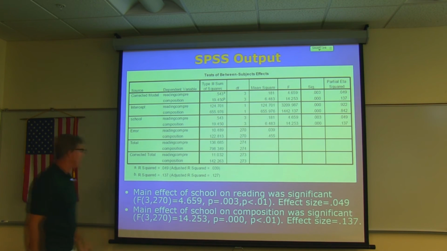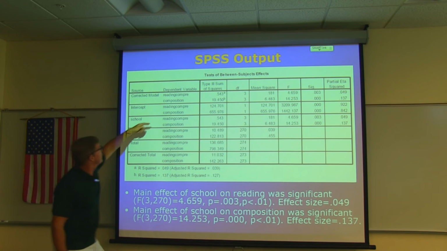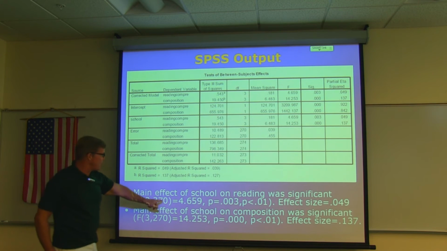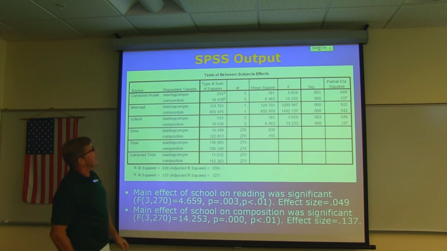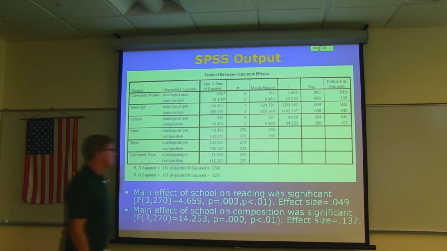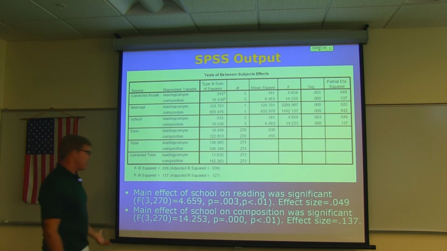So let's see what we have. The main effect of school on reading was significant. Yeah, see that? F at 3 and 270 degrees of freedom was 4.659. Okay, here we are. P is 0.003. It's less than alpha. We reject the null. And the main effect of school on composition was significant.